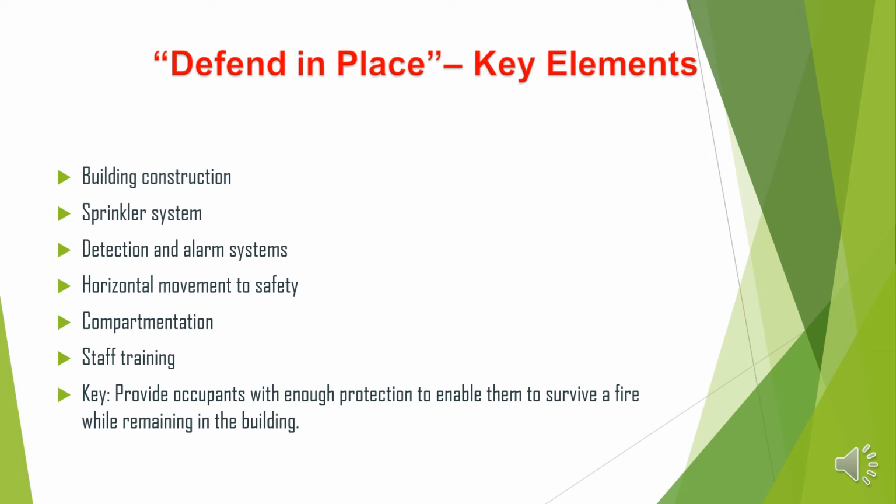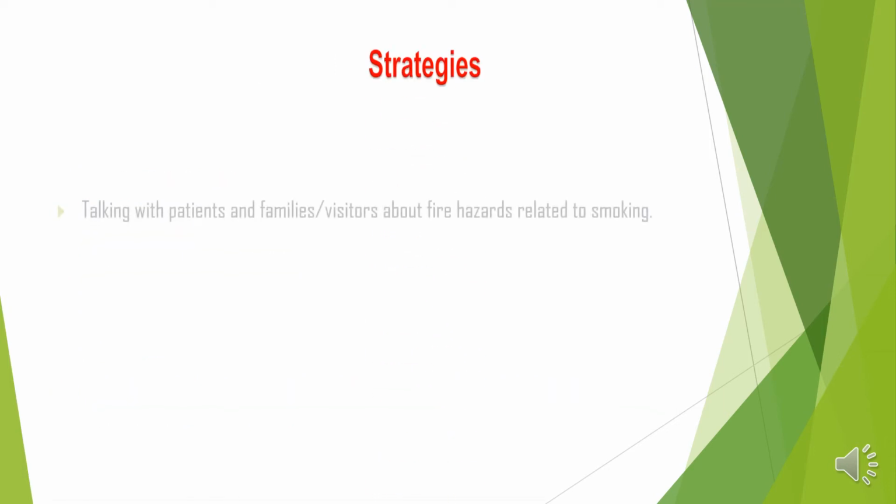Provide occupants with enough protection to enable them to survive a fire while remaining in the building. Supply them with training, with a plan, with maps, with every piece of information about the fire alarm system and the fire prevention system inside the healthcare facility.